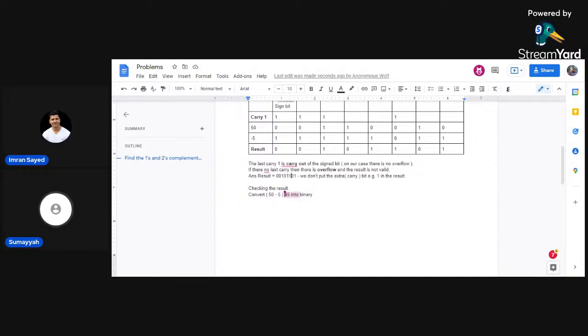I don't think it's required to write, but just to check.